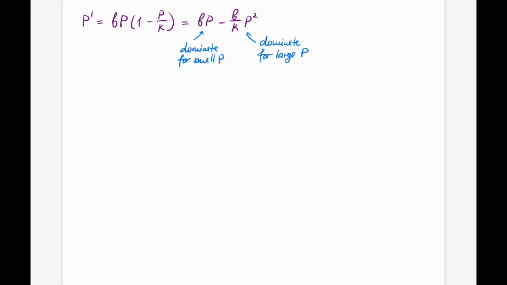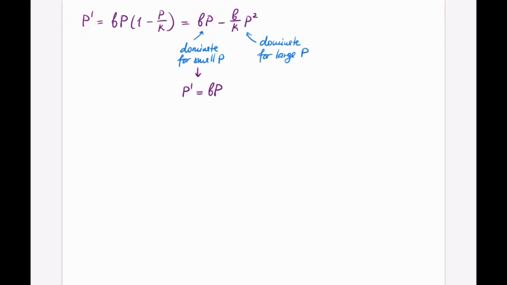Now, for large values of p, I have a squared term, and that's not something I can solve for. But let's follow through with this piece of information. What does that actually mean for small values of p? So for small values of p, that means that p prime, my derivative, will be dominated by this term. So p prime is equal to bp.